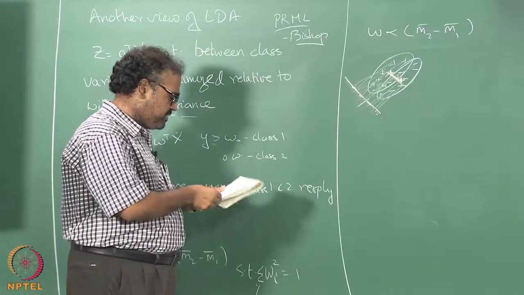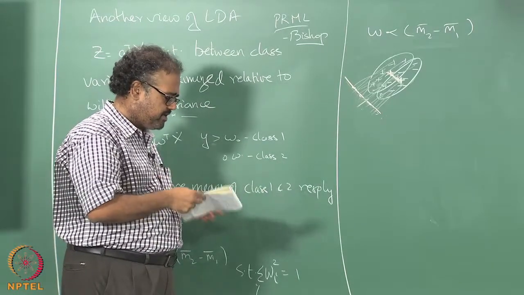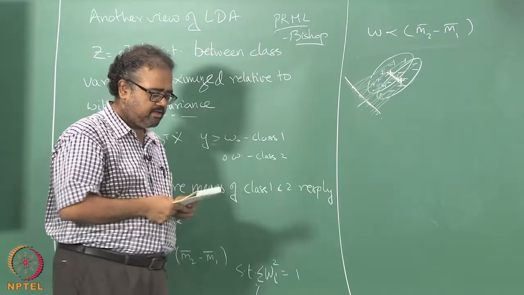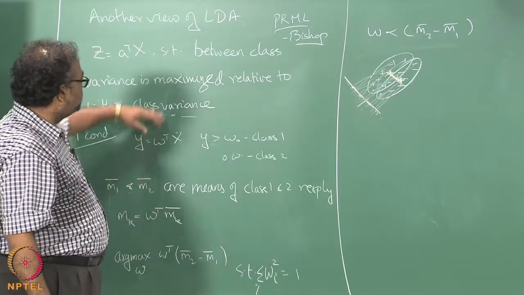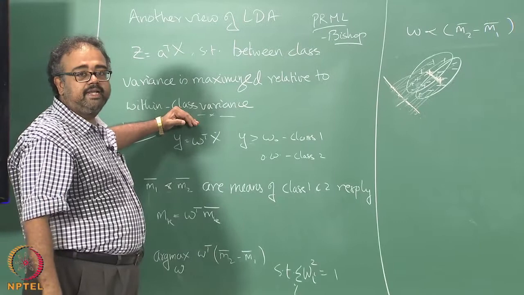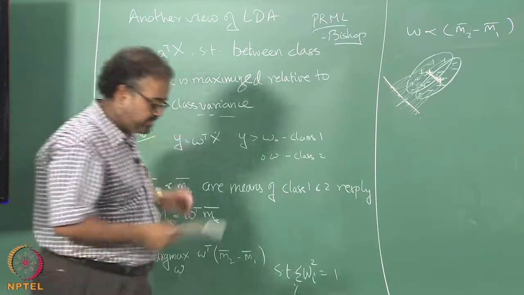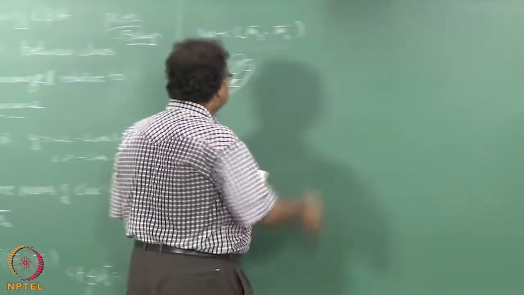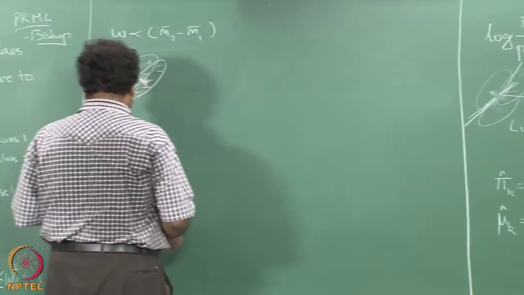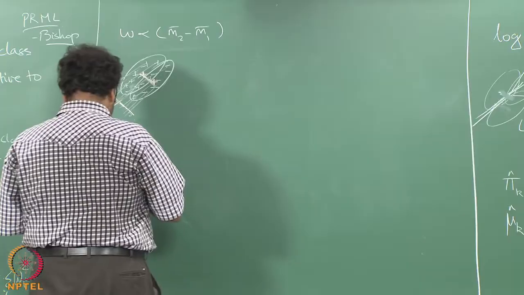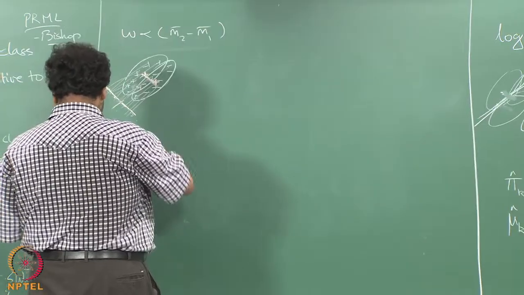Right, but then this is not what we are looking for, right? We are missing something important. What is that? The within class variance, right. So this is the between class variance, the within class variance is what we are missing. So what we will do now is start looking at that, right.